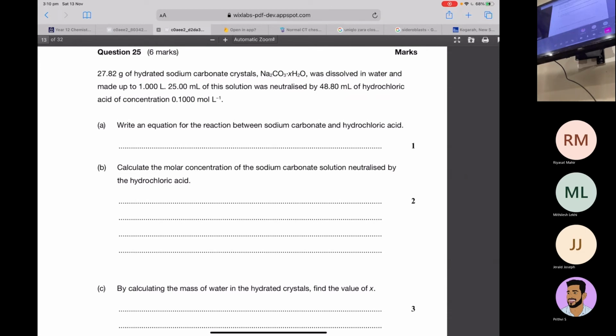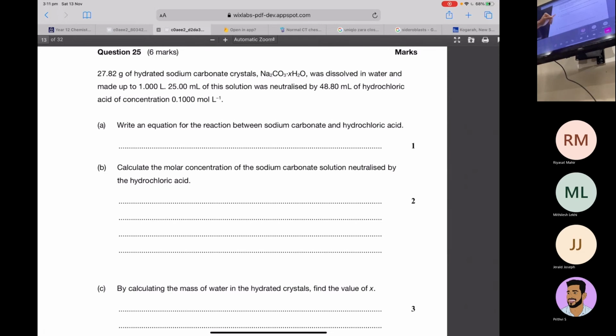Jared, what does it mean to be hydrated? When you have a hydrated salt solution, what does that mean? It forms a complex with water molecules. Very good. It forms a complex. It's chemically bonded. How about when it dissolves, everyone?